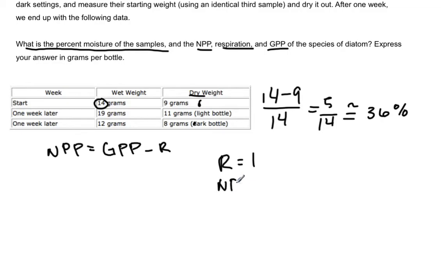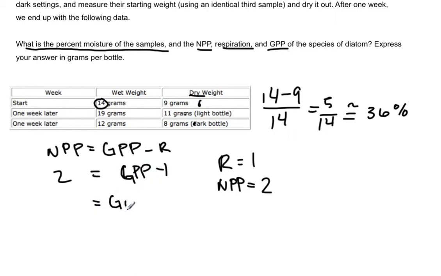My NPP is going to be my initial minus the light bottle. So that's 2. And so I can finally do my calculations for GPP. So I have 2 equals GPP minus 1.